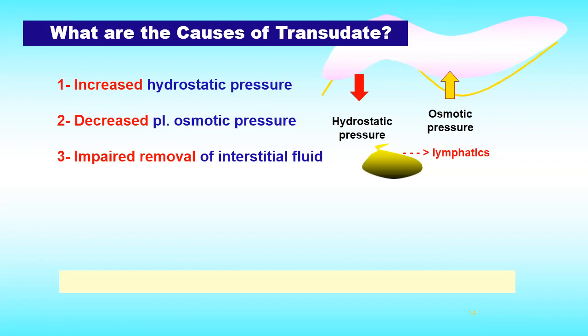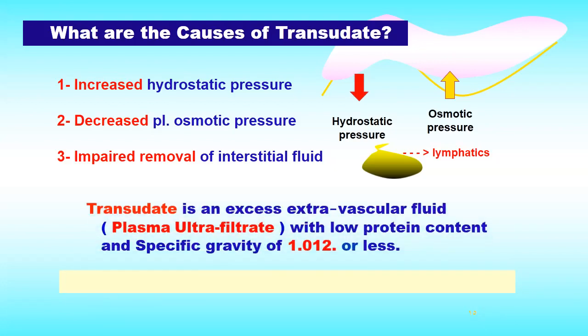Second, decreased plasma osmotic pressure due to hypoproteinemia, which occurs with protein or albumin loss, as in nephrotic syndrome and renal failure, or reduced protein or albumin synthesis, as in liver failure and liver cirrhosis, or due to protein malnutrition. Third, impaired removal of interstitial fluid by lymphatics due to lymphatic obstruction by tumors or other causes.